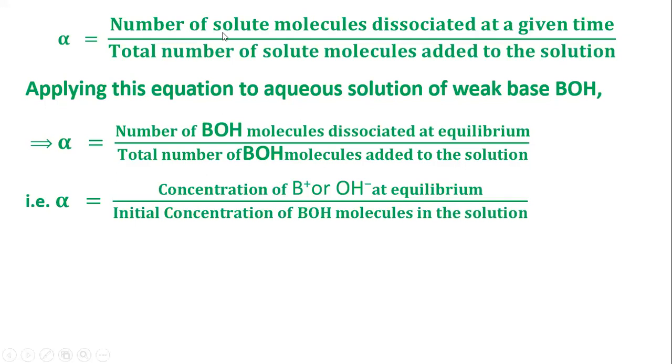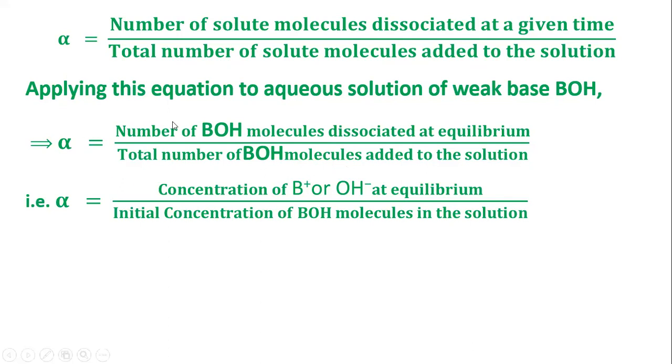See here, this equation is the definition of alpha, that is, the ratio of the number of solute molecules dissociated at a given time to the total number of solute molecules added to the solution. Now the same equation we are applying to the base BOH. So alpha is equal to the number of BOH molecules dissociated at equilibrium to the total number of BOH molecules added to the solution.